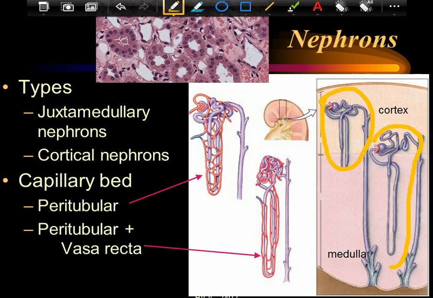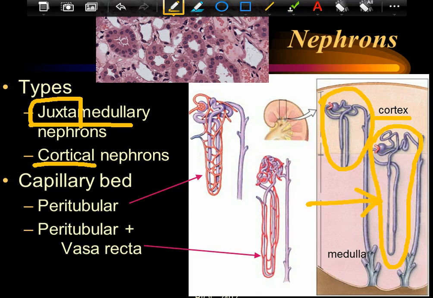And notice that it has a really extensive tubule system. There's the two different kinds. Cortical in the cortex, juxtamedullary, juxta next to the medulla, this guy right here. He's going to become important later.